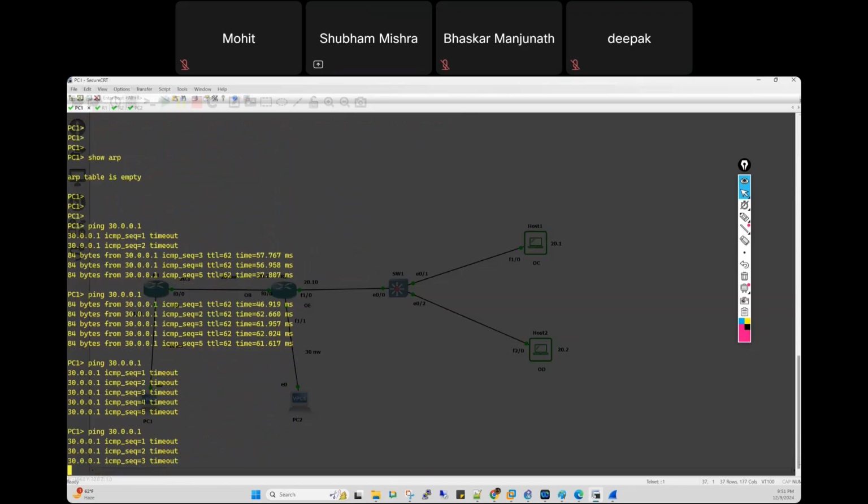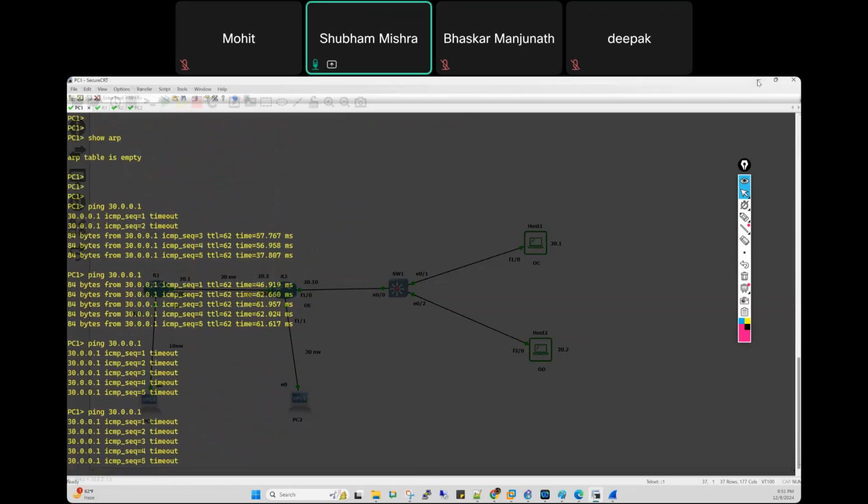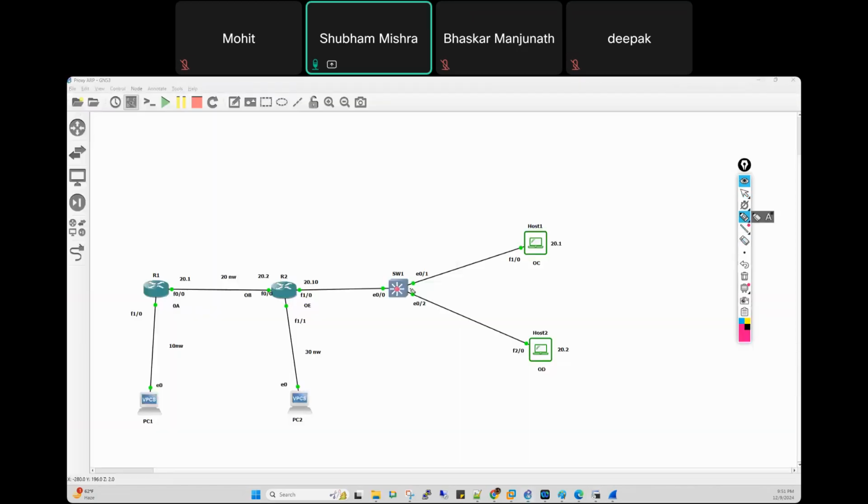Now quickly tell me. Guys, we were able to ping that time because the entries were still present in the ARP cache. Actually, ARP table entries are present for 4 hours. That's the reason we ran the command clear arp cache, so now all the entries from the ARP table will be removed.